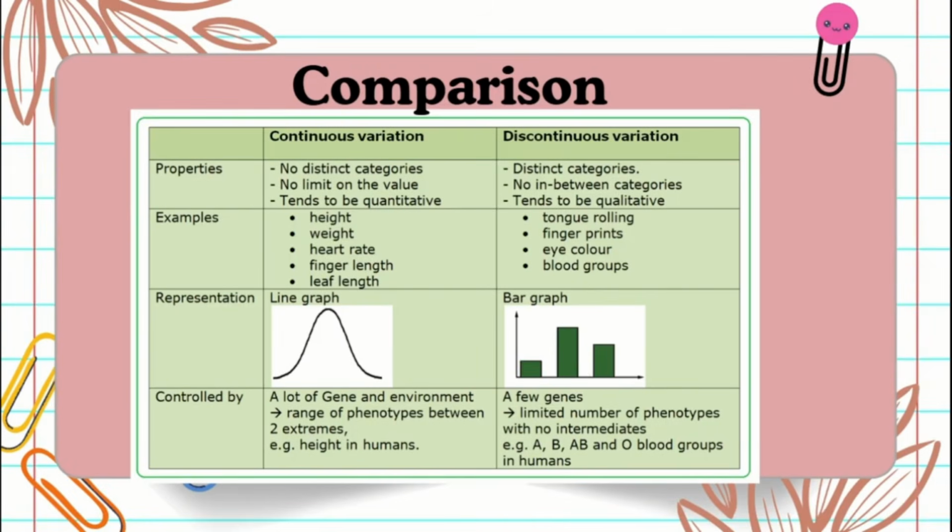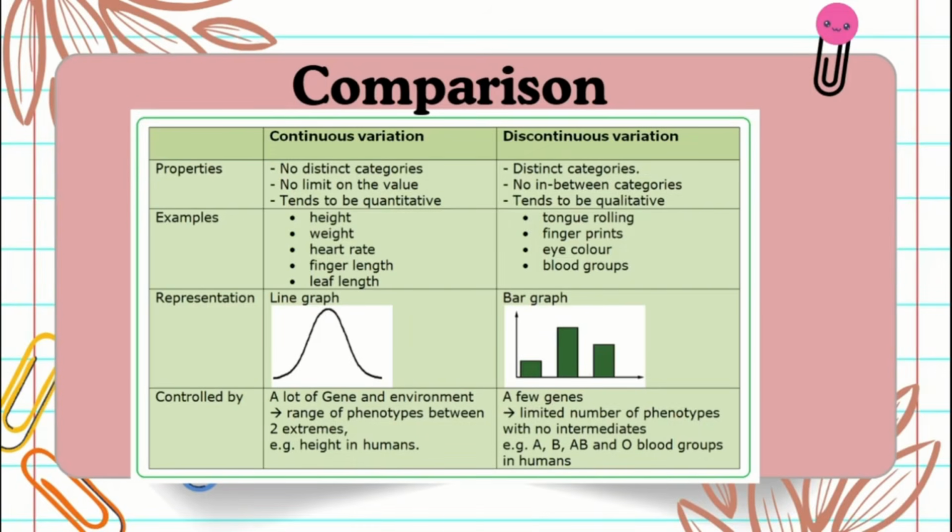And this is a comparison table showing you continuous versus discontinuous variation. Going back to it, discontinuous has distinct categories, continuous has no distinct categories. Examples of continuous variation are height, weight, heart rate, finger length, and leaf length, with no clear categories. Discontinuous is either you have it or you don't. There is no in between.